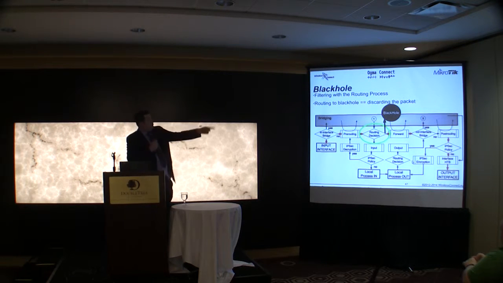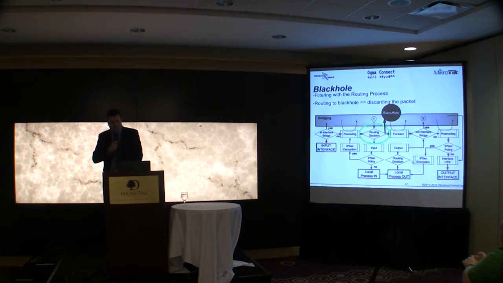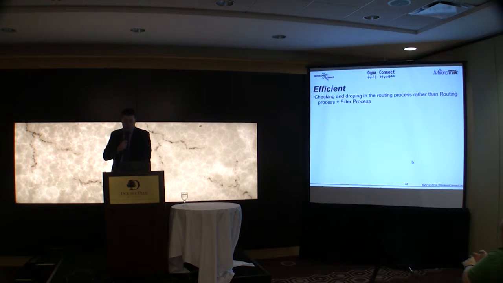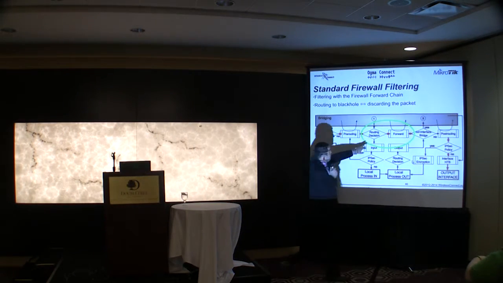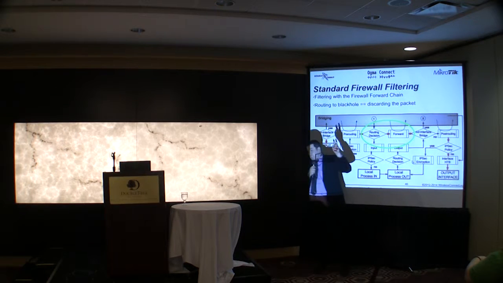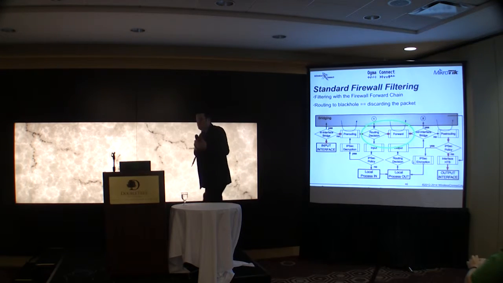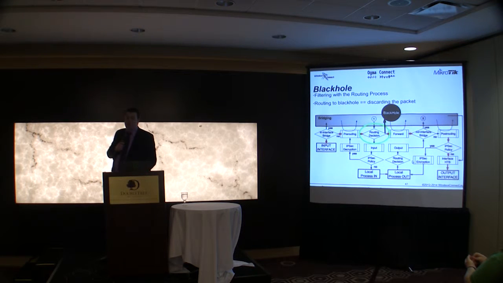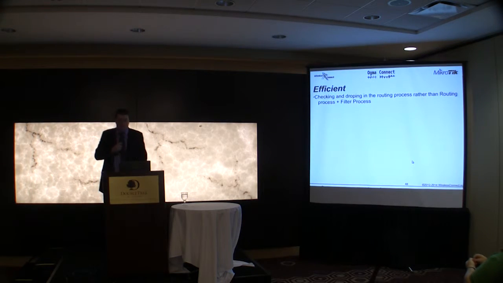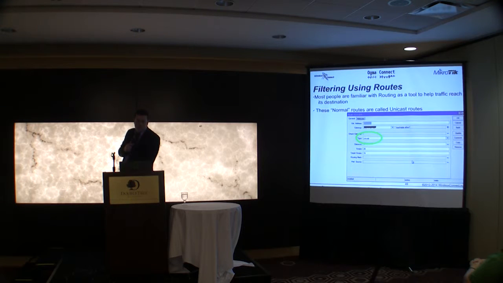And that's what it looks like. What's really nice about it is that instead of doing a simple forward drop route, which goes through two processes of the router, you actually do it in the first process, in the routing decision. So that's an obvious benefit as well.